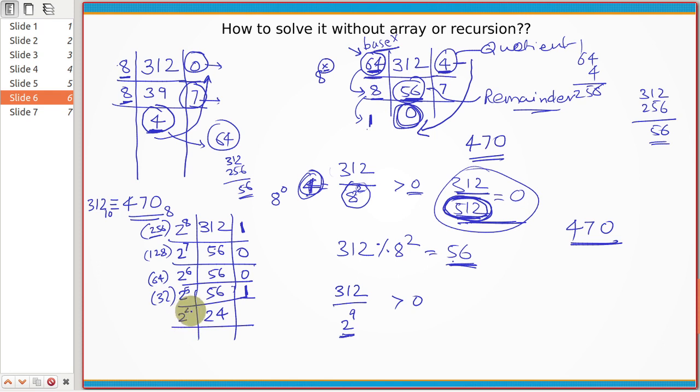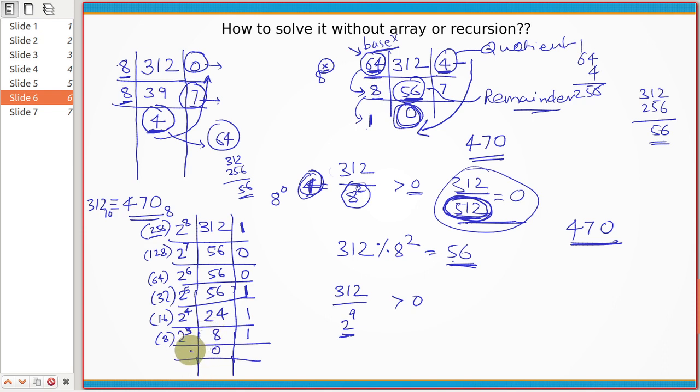If you further divide this by 2 raised to 4, which will be 16 in this case, then you can divide it and your remainder would be 8, right? If you further divide this by 2 raised to 3, which is 8 in this case, then you will get 1 box, right? And the remainder would be 0.